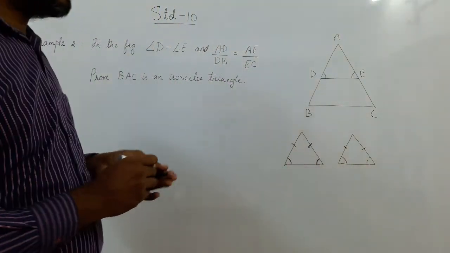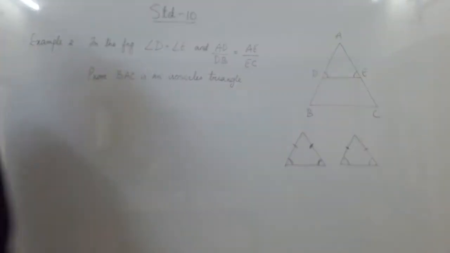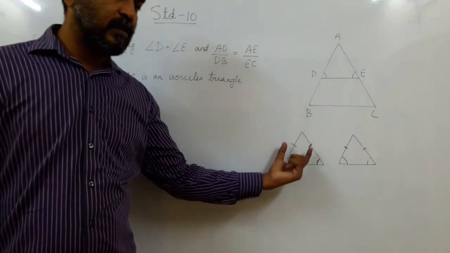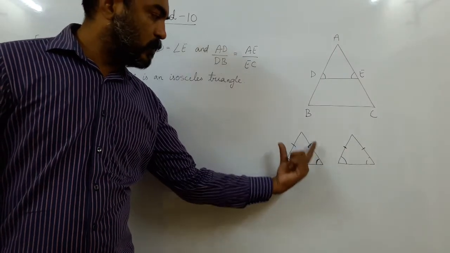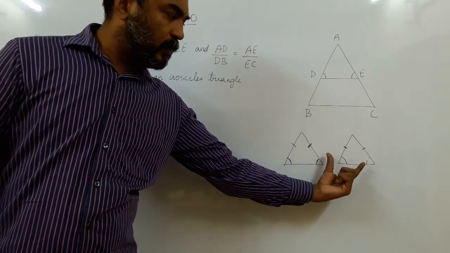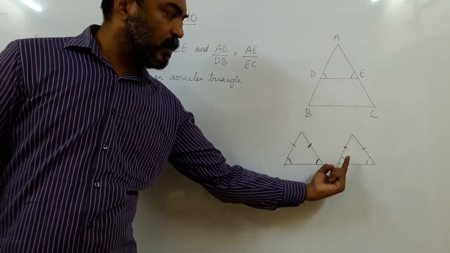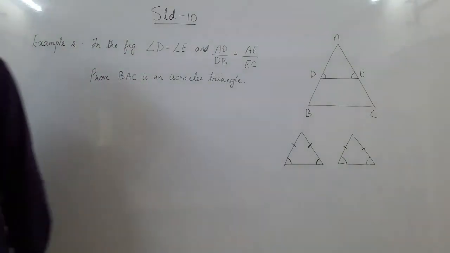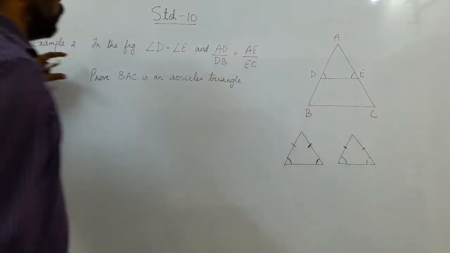This was done in the 9th standard, just for revision's sake here. In a triangle, if two sides are equal, angles opposite to them are equal. Here, if the two angles are equal, then the sides opposite to them are also equal. This is the theorem we are going to make use of here.